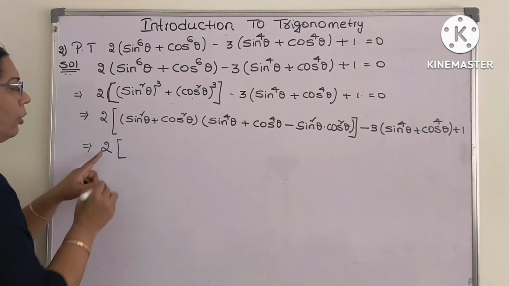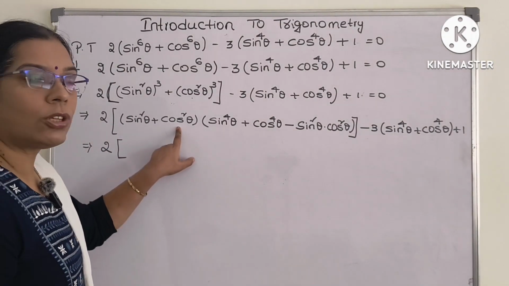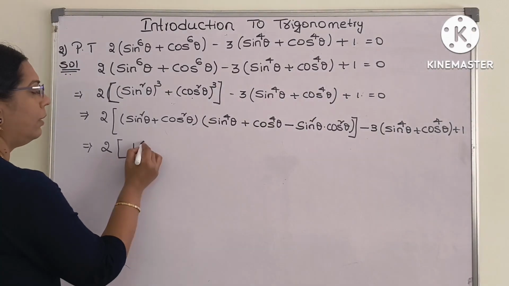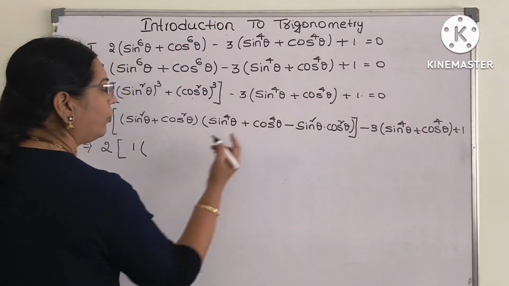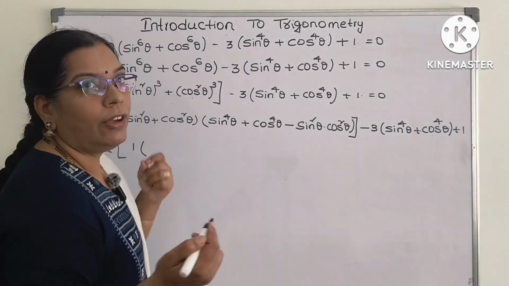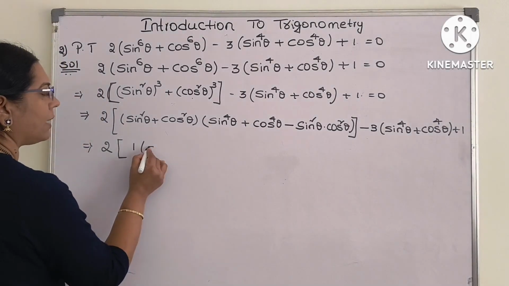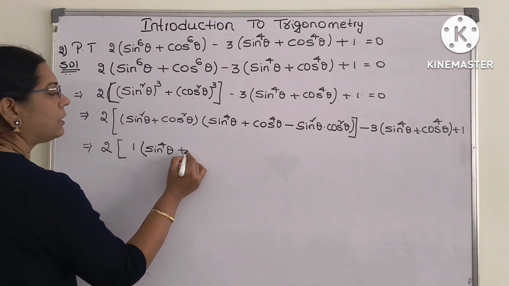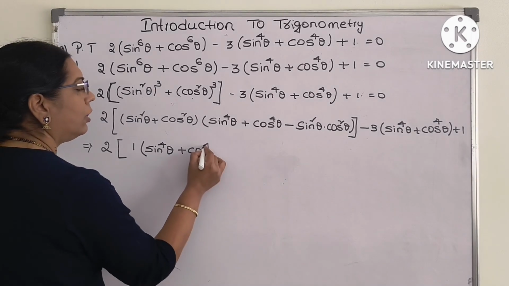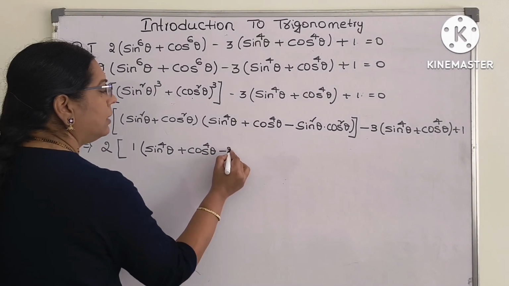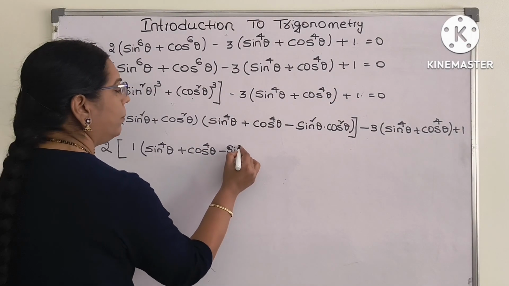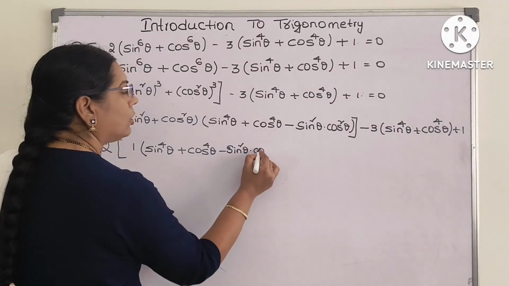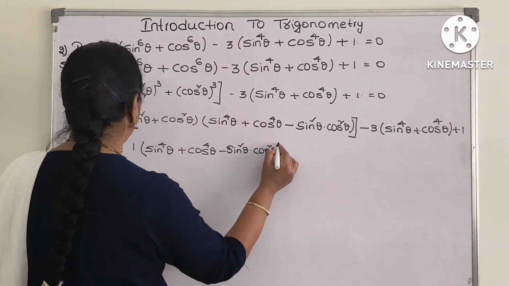So the next step, 2 into what is sin square plus cos square? It is 1. So 1 into sin power 4. I cannot make use of any formula, so I will write it as it is: sin power 4 theta plus cos power 4 theta minus sin square theta into cos square theta.